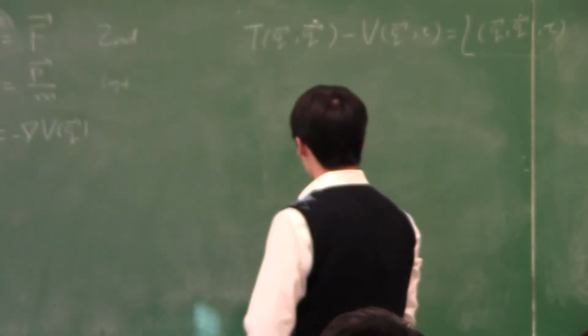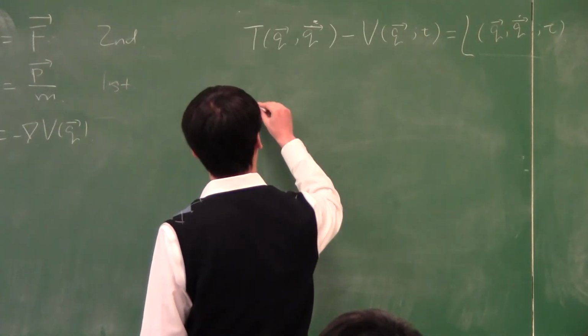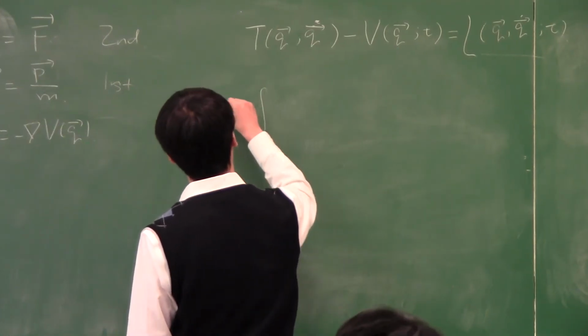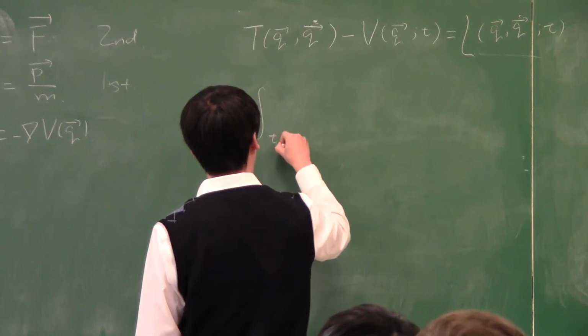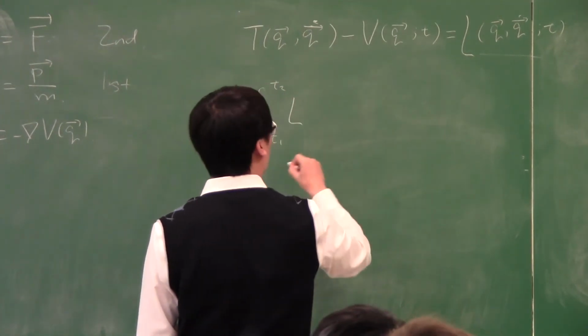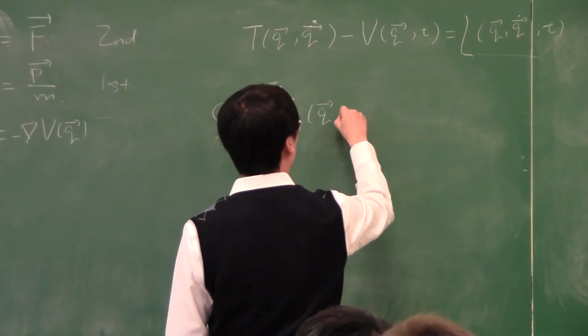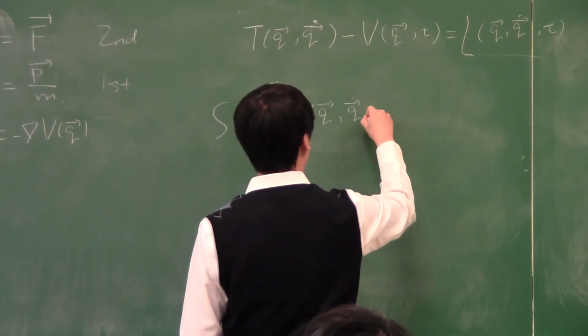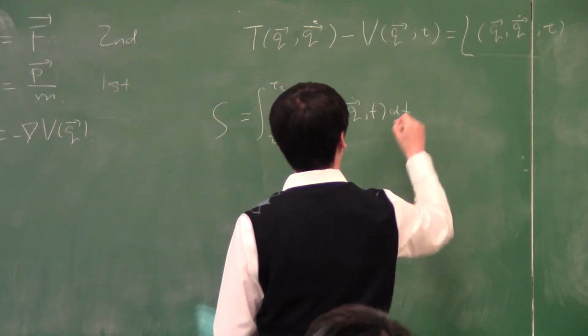Now, next we are going to define the time integral of the Lagrangian. And this quantity is known as the action. So say the system evolved from time t1 to t2. Then the time integral of the Lagrangian is, of course, written as this. Okay.